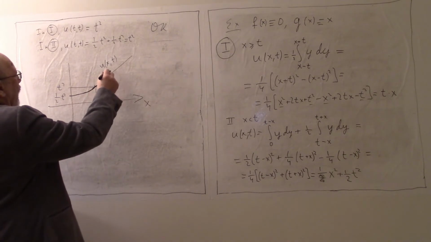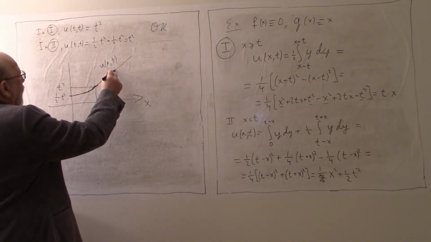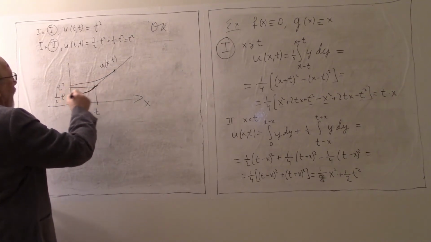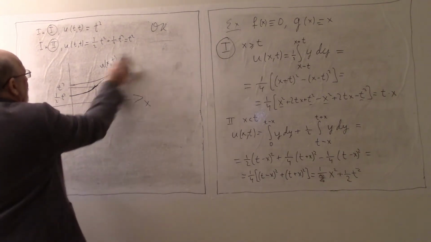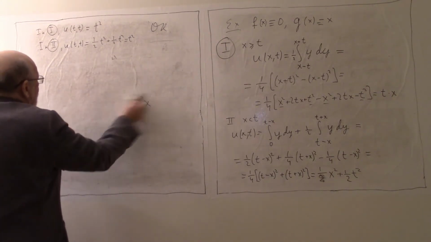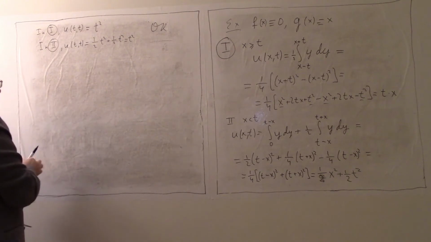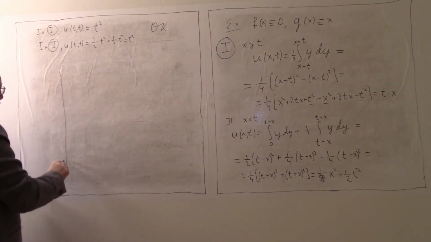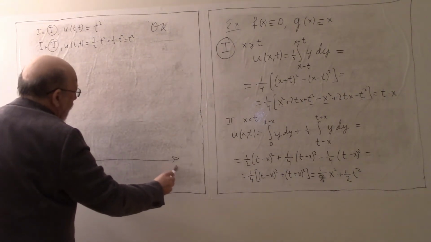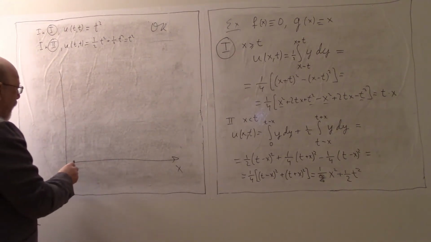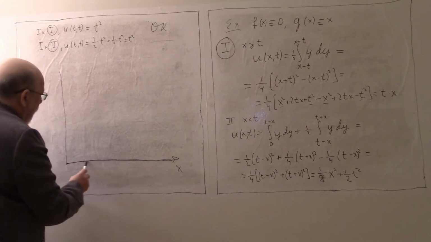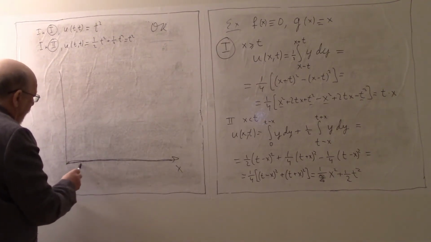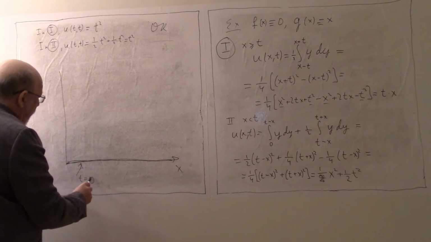Now we can see that when t grows, it will behave like this. Yes, I'm sorry. When t is 0, it is t times x, t is 0, so this is t equal 0.